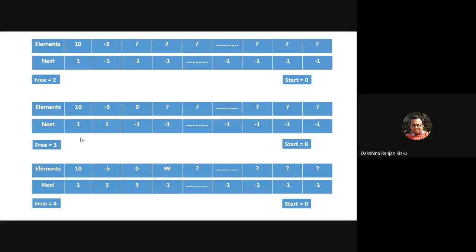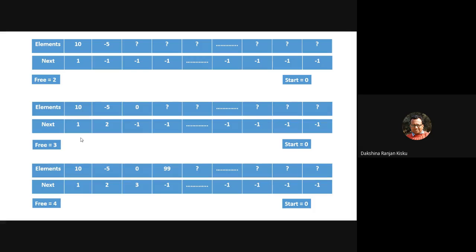Okay, now we are going to insert the -5 element from the list L, and when -5 is inserted at the first index position, then free becomes 2. That means from the second index the positions are available in the elements array.